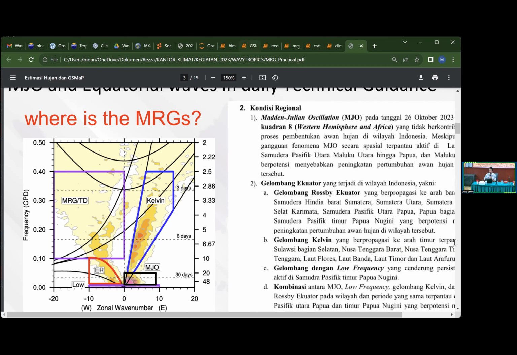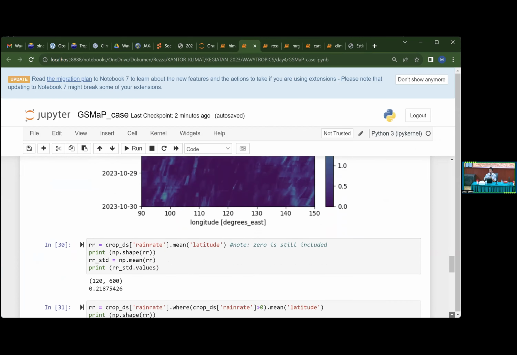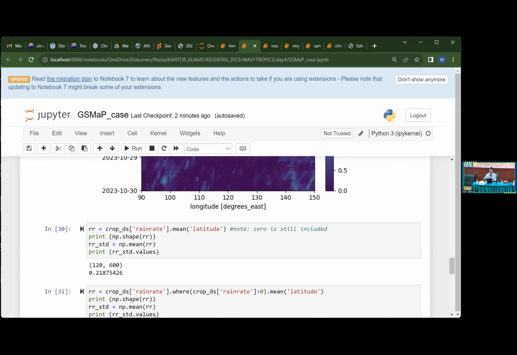Another important thing is that you also need to calculate the anomalies. Why do we need to calculate the anomalies? Because, for instance, with temperature or here the rain rate, we need to explore the wave characteristics. We need to find the positive or negative change.